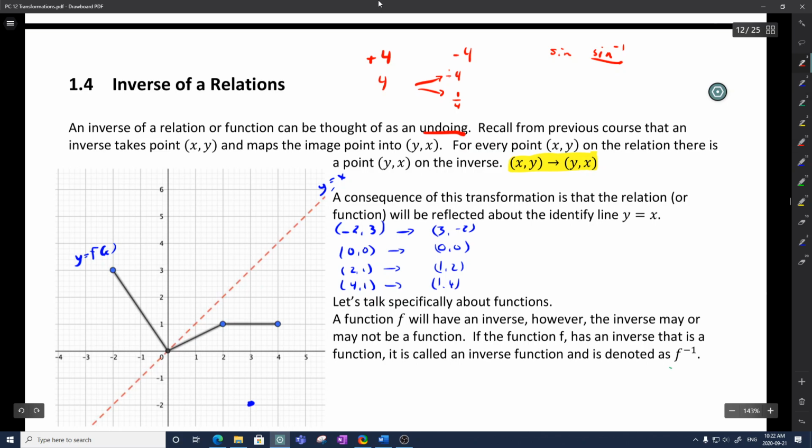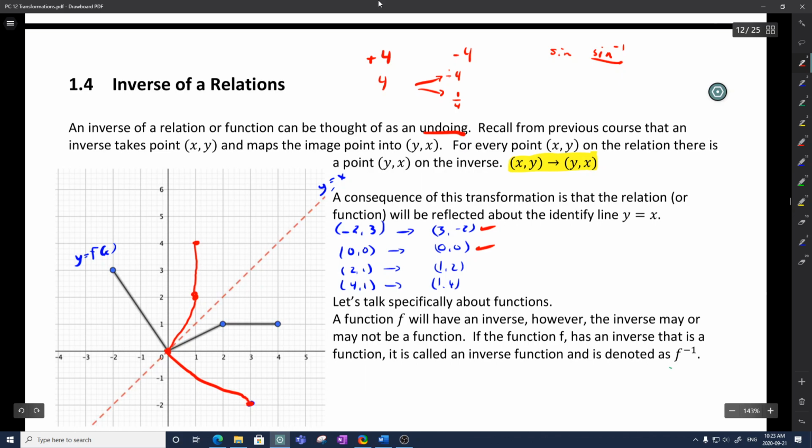Perhaps I'm going to switch to red. (0, 0) transforms into (0, 0). (2, 1) maps into point (1, 2). (4, 1) will map into point (1, 4). And there you have it. So the red graph will in fact be the inverse of f of x.